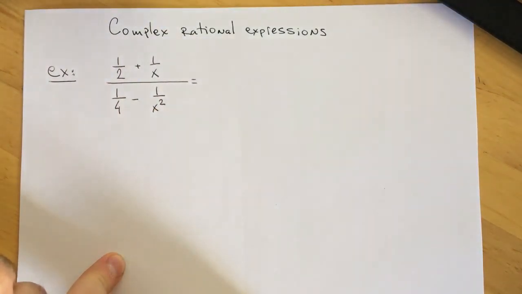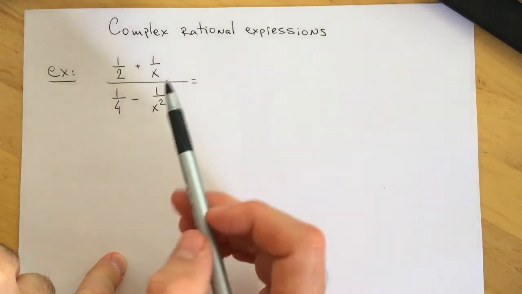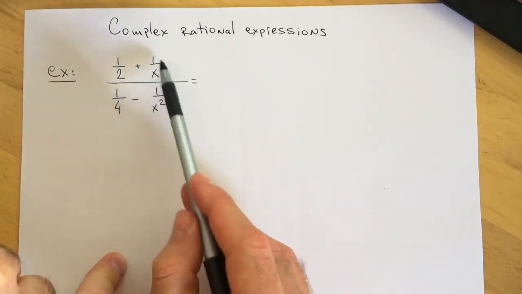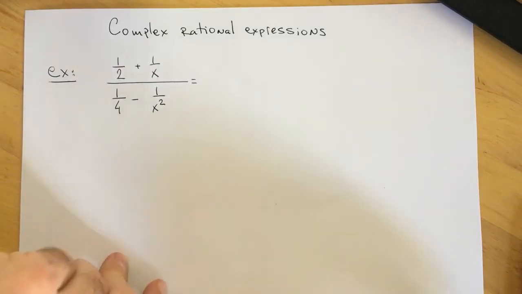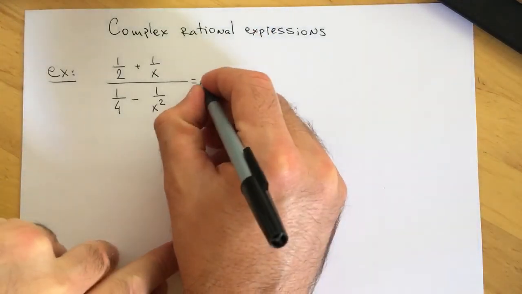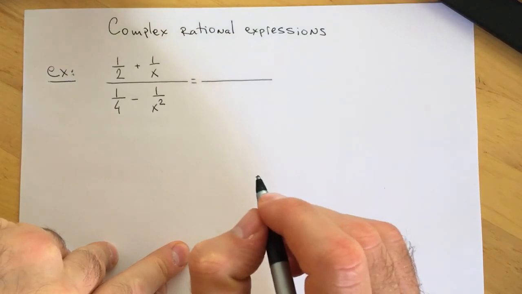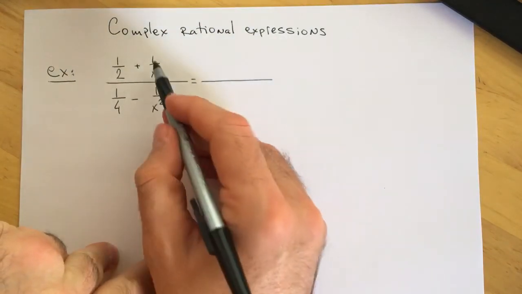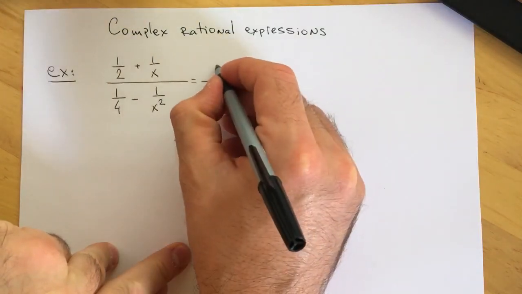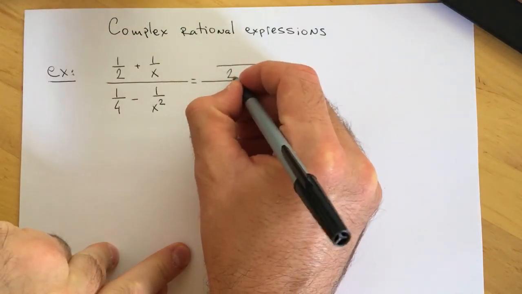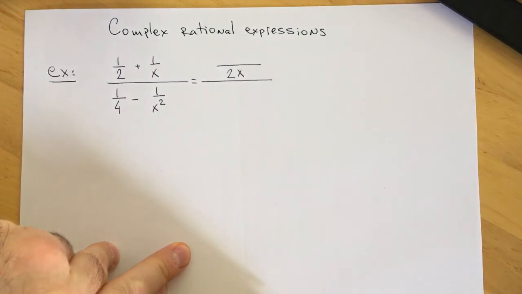Okay, so how to do that? Well, first we concentrate on the numerator separately, then on the denominator separately. What is the common denominator between 1/2 and 1 over x? Well, 2 and x are relatively prime, so the common denominator is just going to be the product of those two factors.